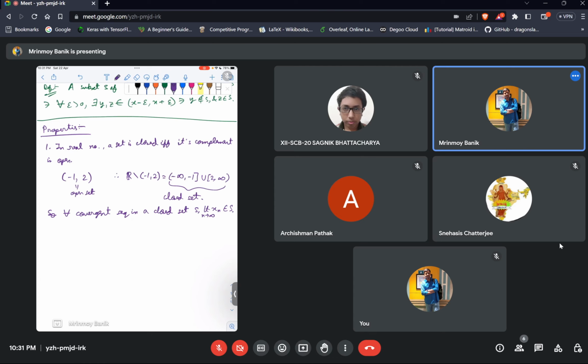For example, if you take the sequence 1 by n, starting from n equals 1. So let xn be equal to 1 by n, and you take S to be equal to the set 0 to 1, then this is an open set, right?